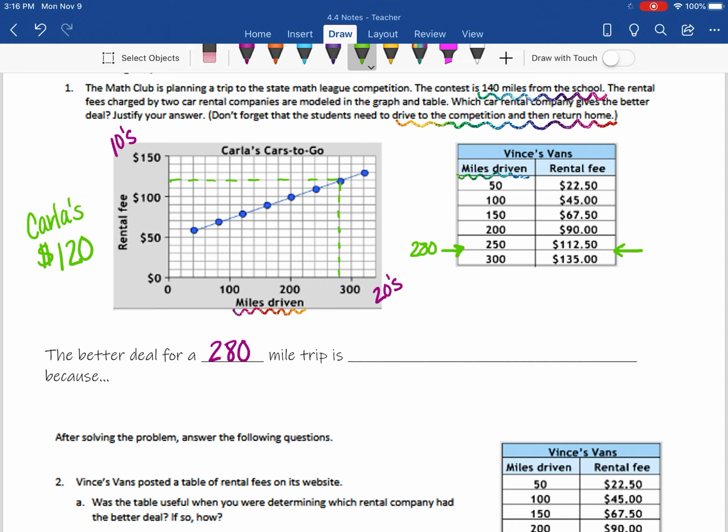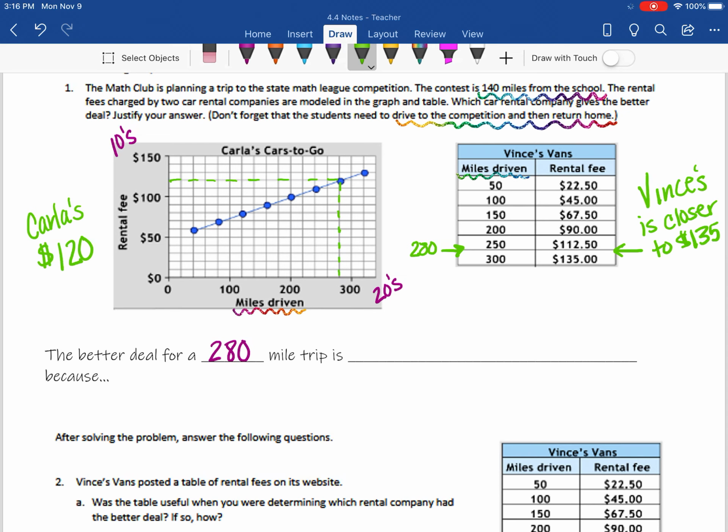So that means that the price is going to be closer to 135. So we're going to have to make an estimate here, but we're going to say that Vince's is closer to $135, but it's kind of hard for us to tell exactly the price for Vince's Vans.